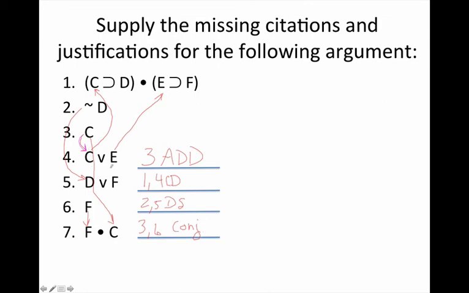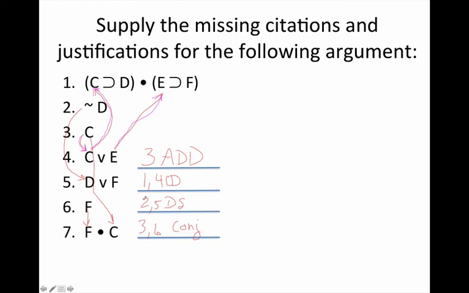5 comes from 1 and 4 by constructive dilemma. And again, cross-check these moves against your rule forms, against the forms that you have highlighted in your text or in your notes, where you've got, for example, P horseshoe Q dot R horseshoe S, P or R, therefore Q or S, right?